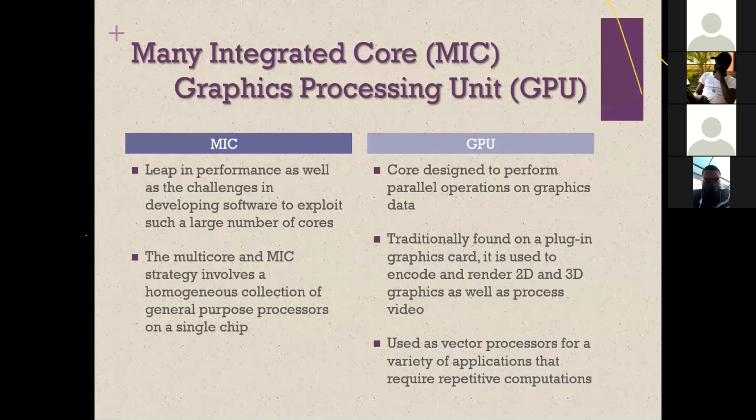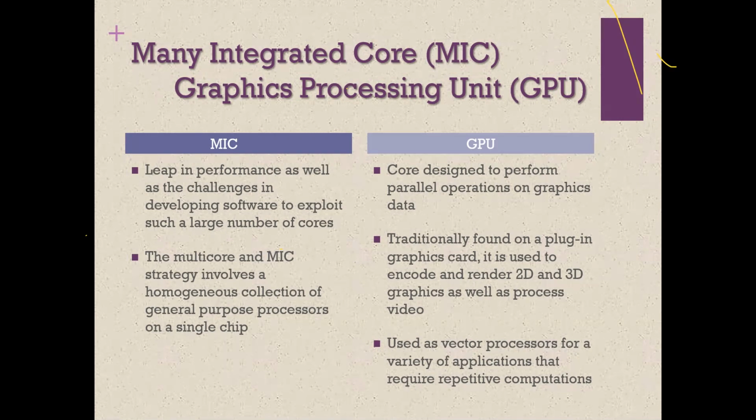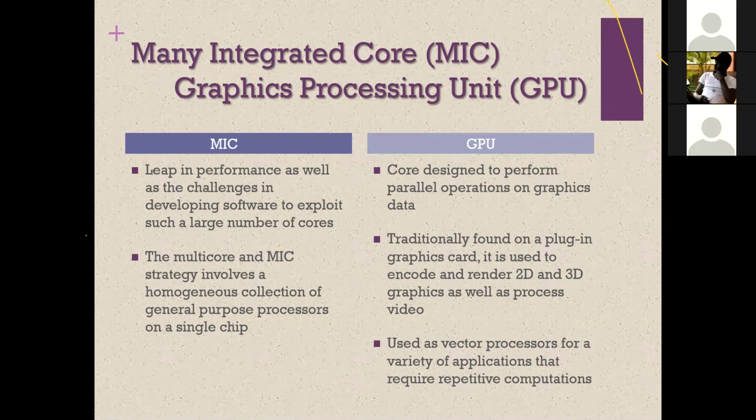Okay, so traditionally, the graphics were found to be a plug-in kind of graphics card, which was used to encode and render 2D and 3D graphics, as well as processing of videos. But now, since the GPU performs parallel operations on multiple sets of data, they are increasingly being used as vector processors for a variety of applications that require repeated computations, and then also that of video and so on.